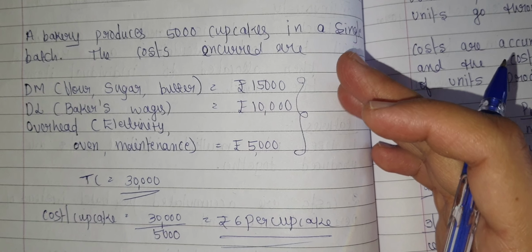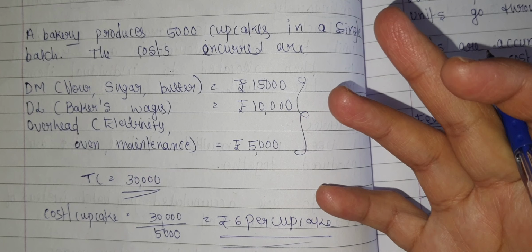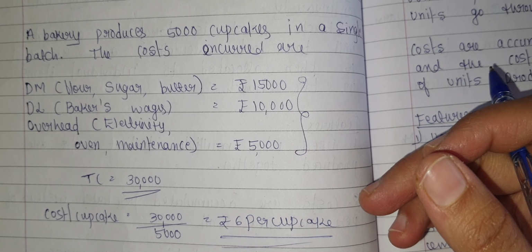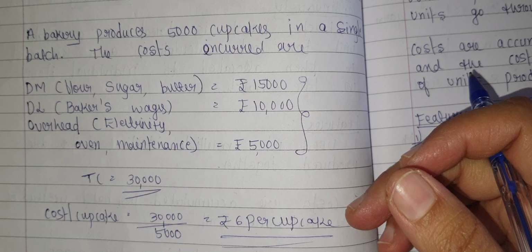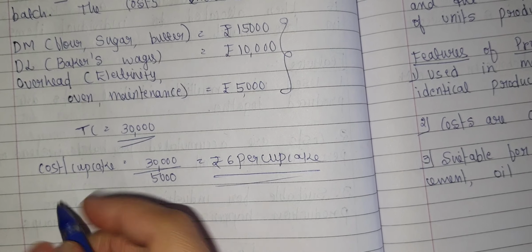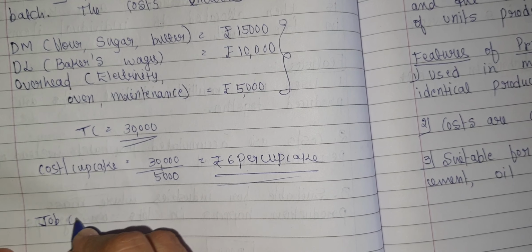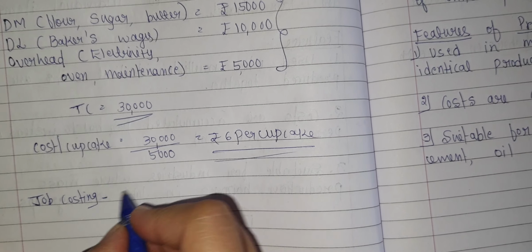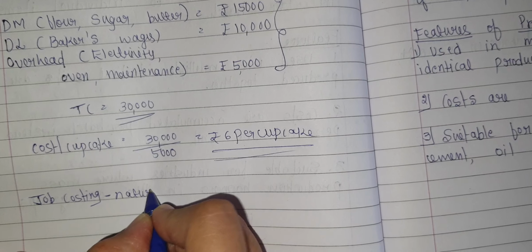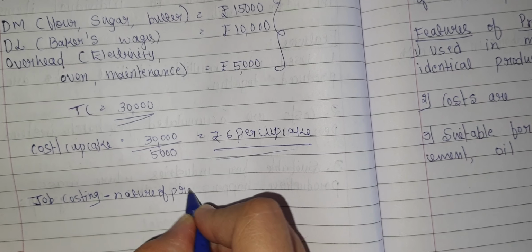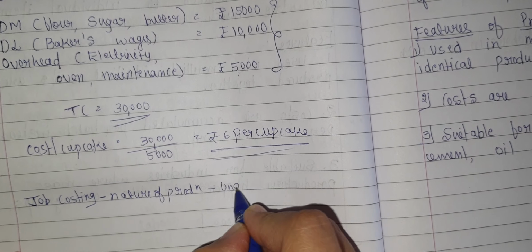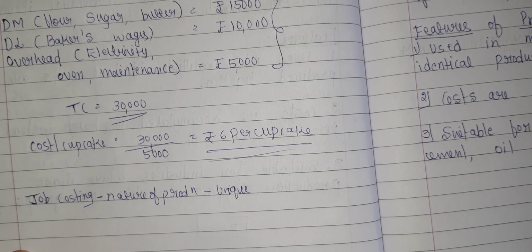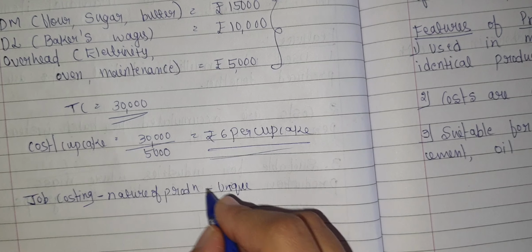See, in the last class we learned that in job costing, what is the nature of production? In job costing, the nature of production is unique and customized products made for specific customer orders.